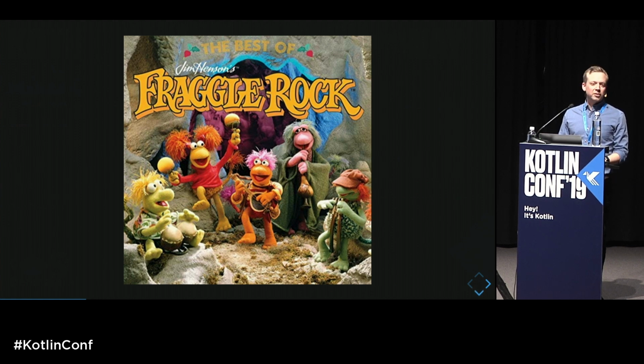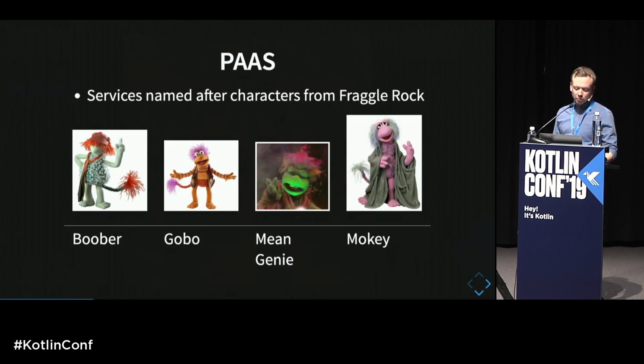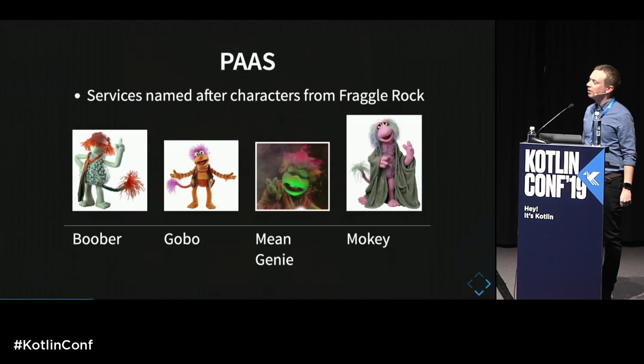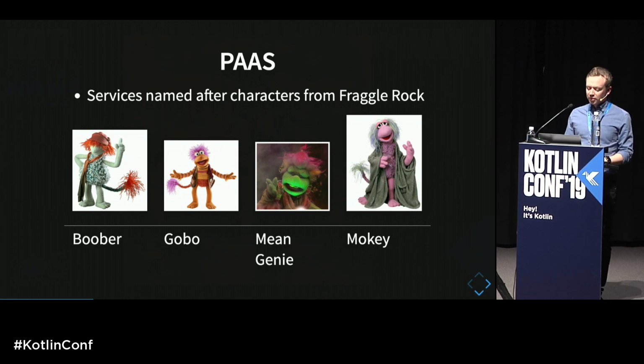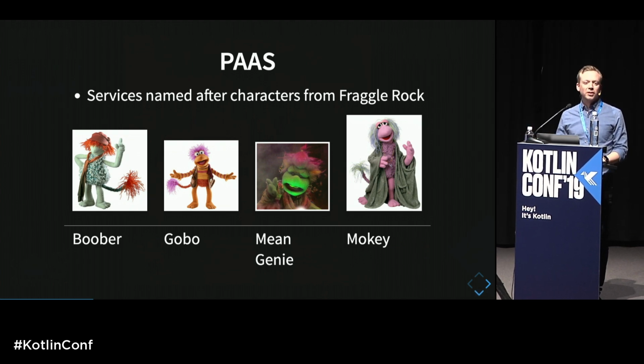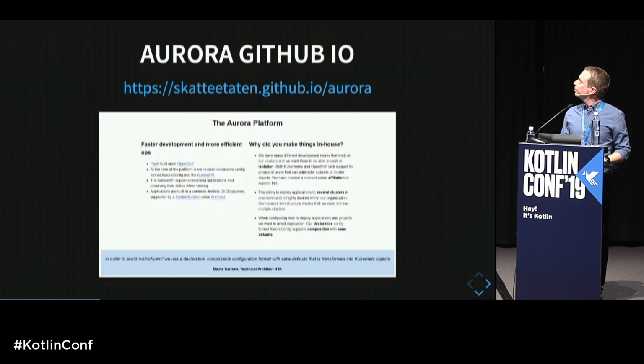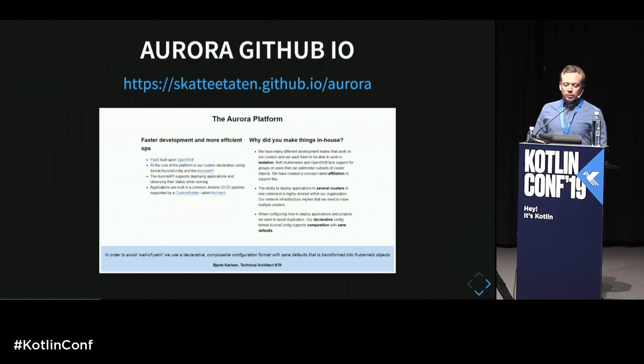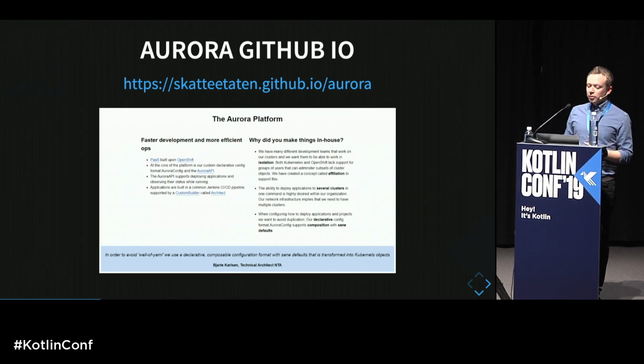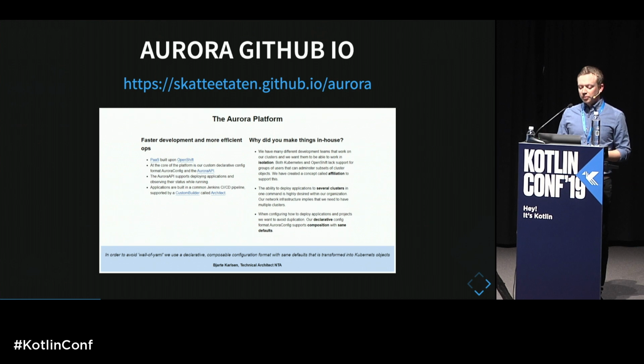To give a few examples, we have Berber, we have Gobo, we have Mean Genie, we have Moki. It doesn't tell you much, but for instance, Gobo is our GraphQL gateway, and Berber is what talks to our OpenShift instance and stuff like that. There is a bunch of documentation on GitHub, as I've shown before.